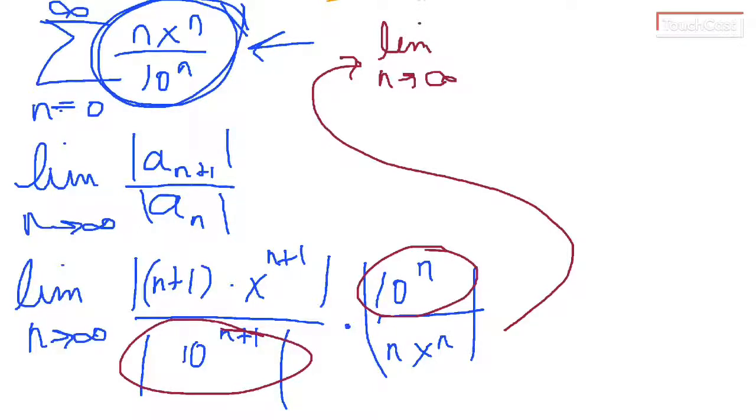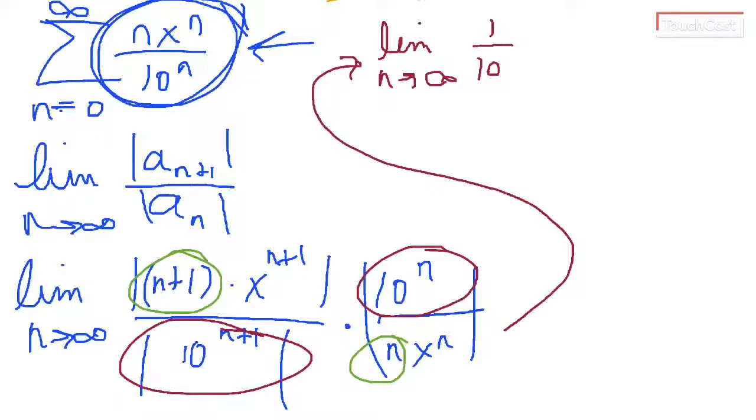However many 10s I have multiplied together in the numerator, I'm going to have one more 10 multiplied in the denominator. So I'm going to end up with a 1 over 10 is how those 10 to the n's are going to simplify. And I can take that out of the absolute value bar because 1 over 10 is always going to be positive.